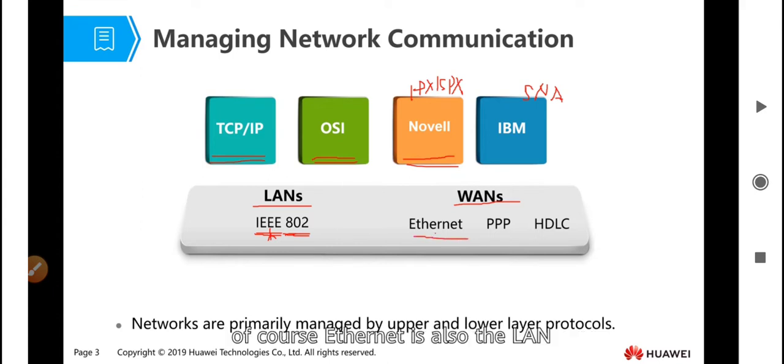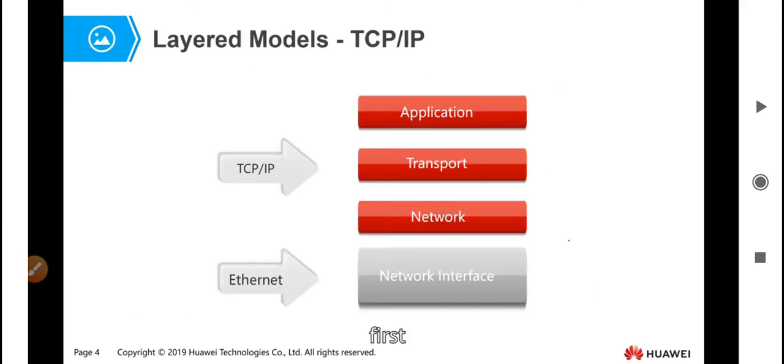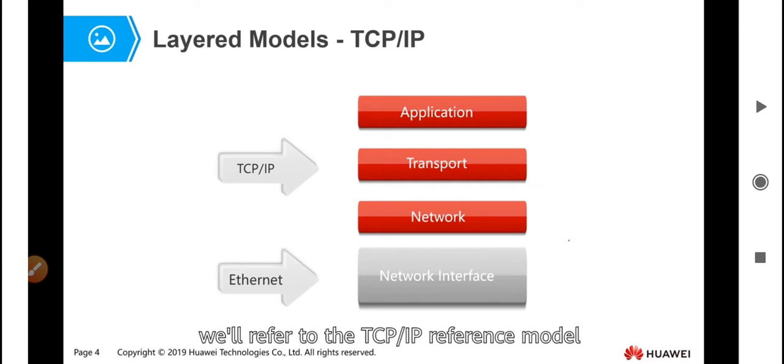Of course, Ethernet is also a LAN standard, and nowadays Ethernet also has a WAN standard. And PPP and HDLC are also used for WAN connections. Then, first, we refer to the TCP/IP reference model.